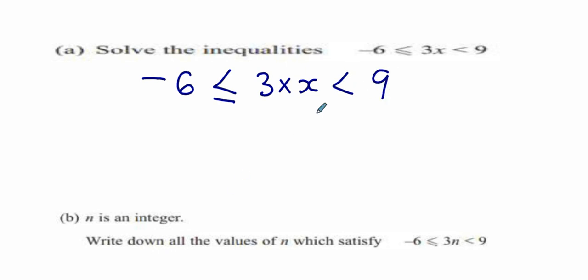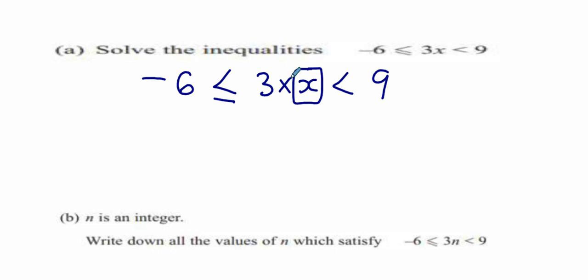Solve the inequalities. The inequality which we have, let me copy it: negative 6 is less than or equal to 3x, meaning 3 times x, is less than 9. Now we want to set x free. Can you see this is 3 times x?